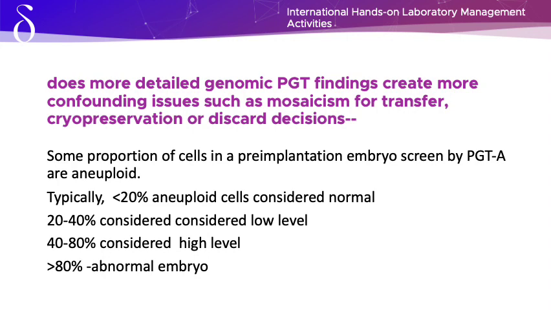It gets a little more complex when you get to the 20 to 40% level. Although that's considered low, some programs will not replace, others will replace, with the provision that you may want to do what is now used routinely, maternal blood screening for fetal DNA. This has now supplanted amniocentesis in most cases, and certainly chorionic villus sampling.